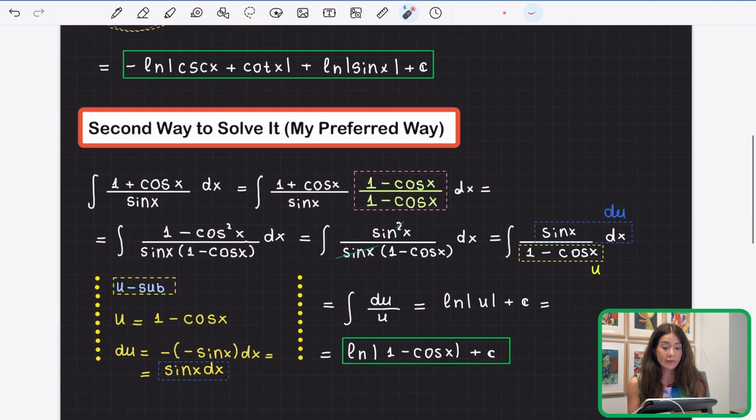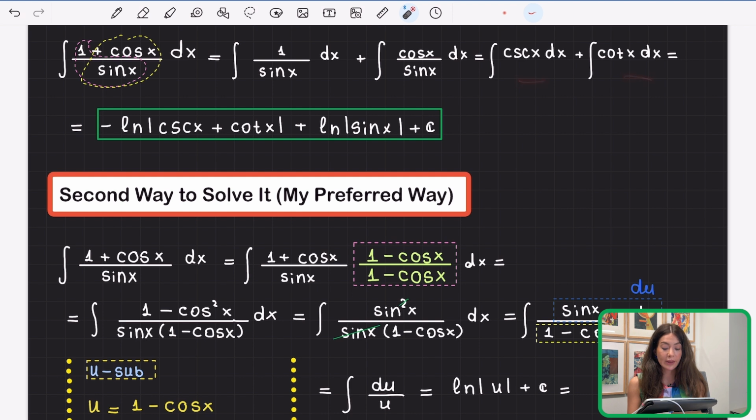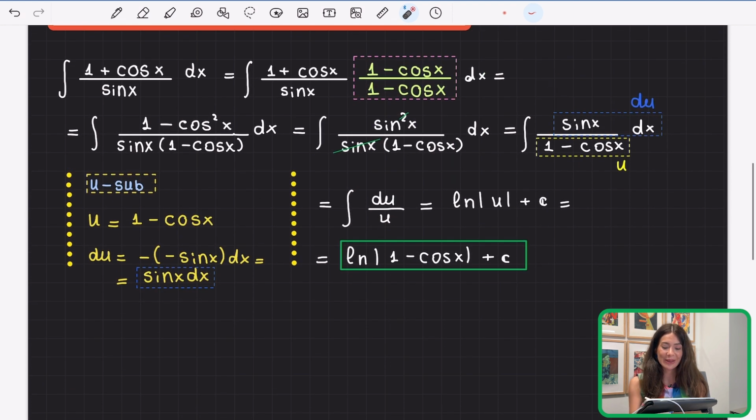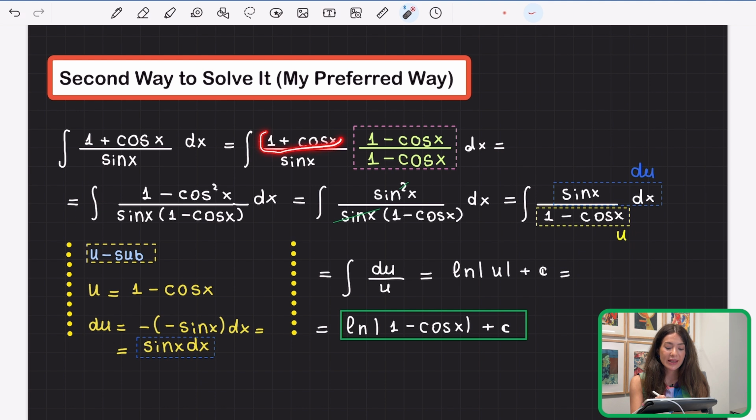But if you don't have the formulas in front of you, you probably don't remember these integrals, but you most likely do remember how to take this integral. And after you see this 1 plus cosine x, or even if you see 1 plus or minus sine x, you should automatically think, should I multiply this by its conjugate pair, which is the same thing but with an opposite sign.